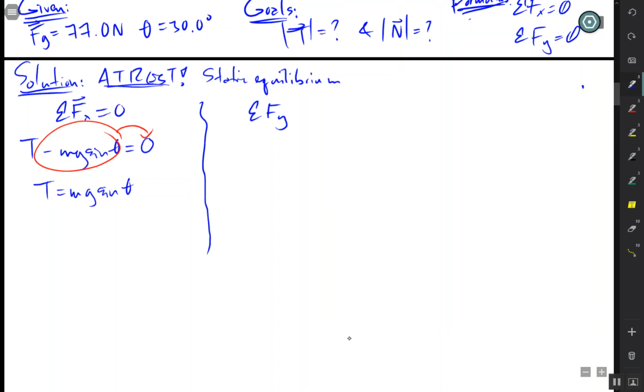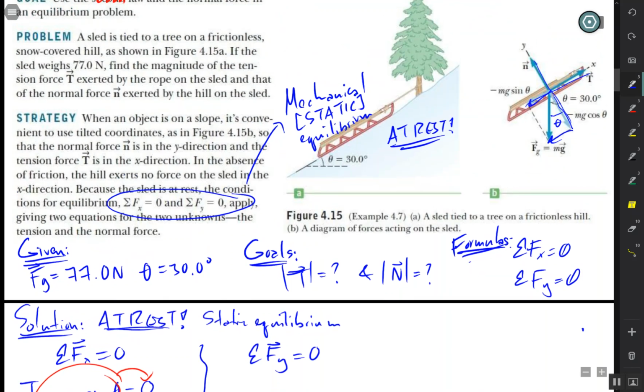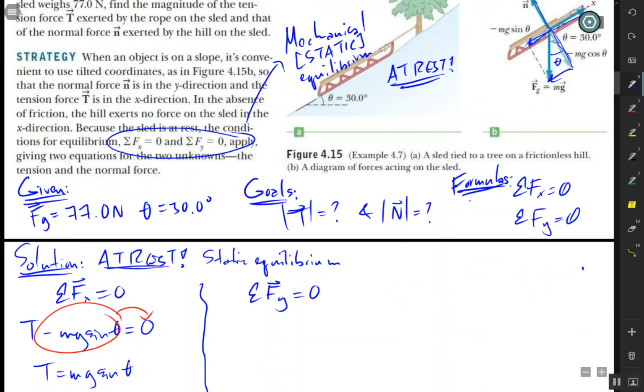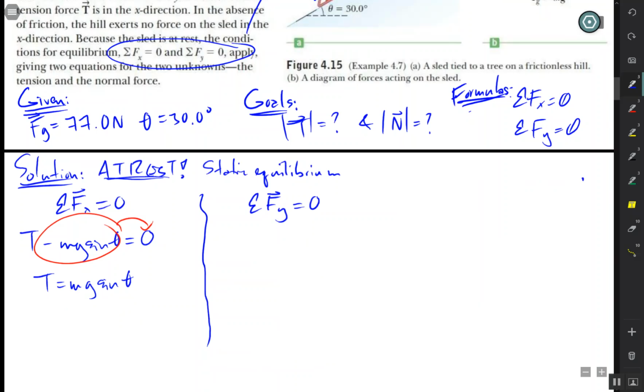And for the y, it's not accelerating in the y, it's completely at rest. For the y, we have two forces as well, kind of similar. Normal force is going up, and the negative mg cosine theta is going down because it is adjacent to the angle. That's why it's cosine. If you notice the pattern, it's kind of similar.